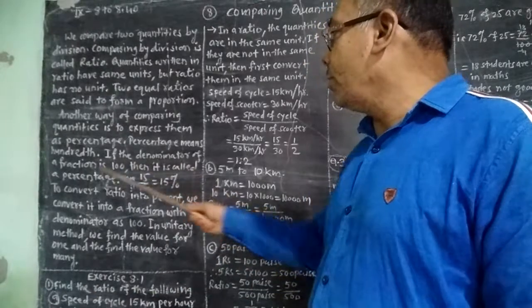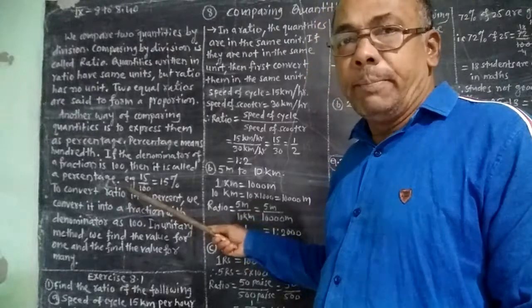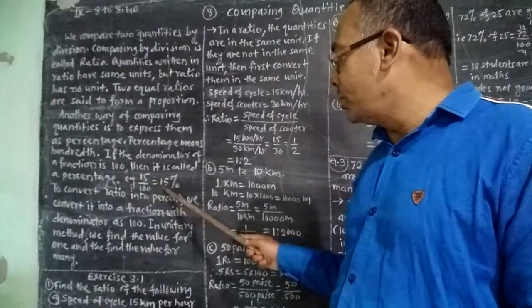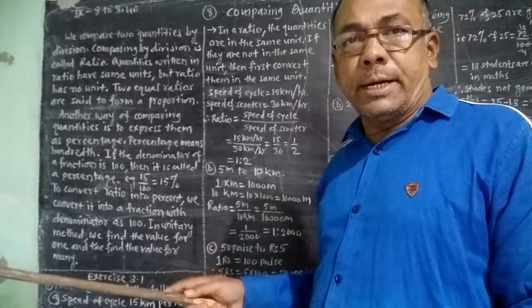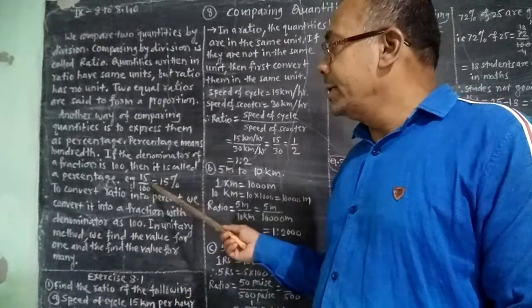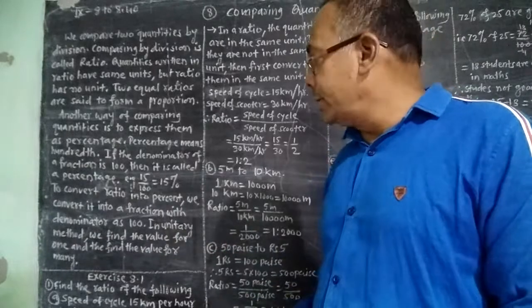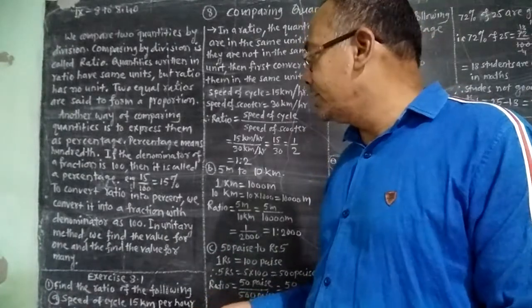If the denominator of the fraction is 100, then it is called a percentage. For example, 15 upon 100 is equal to 15%, or 3 upon 100 is 3%, etc. So we can express the given quantities in percentage.